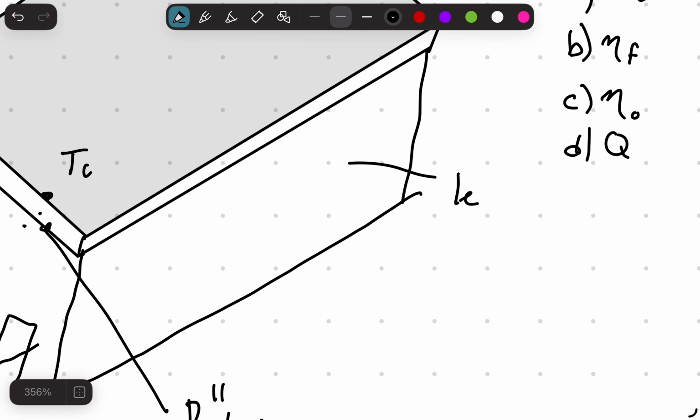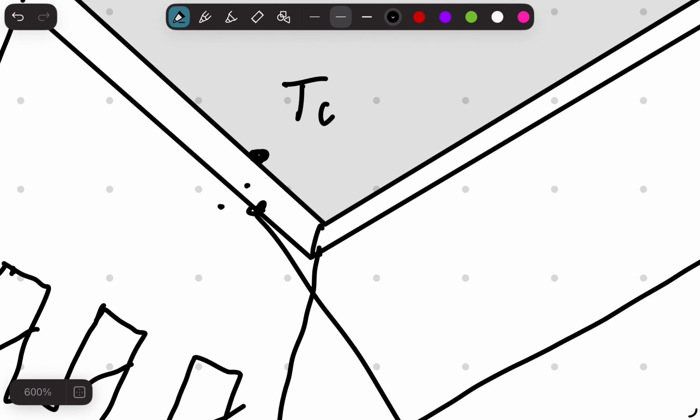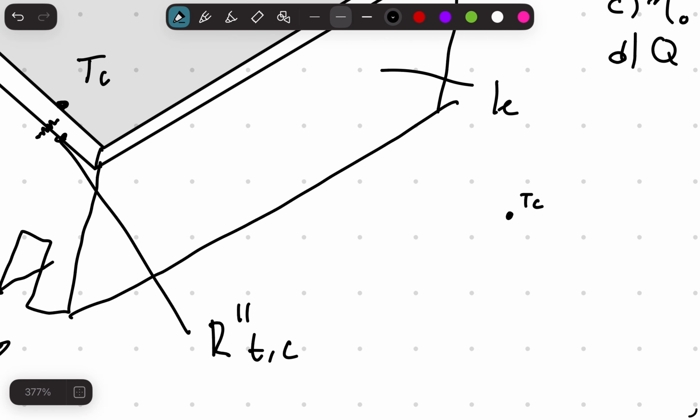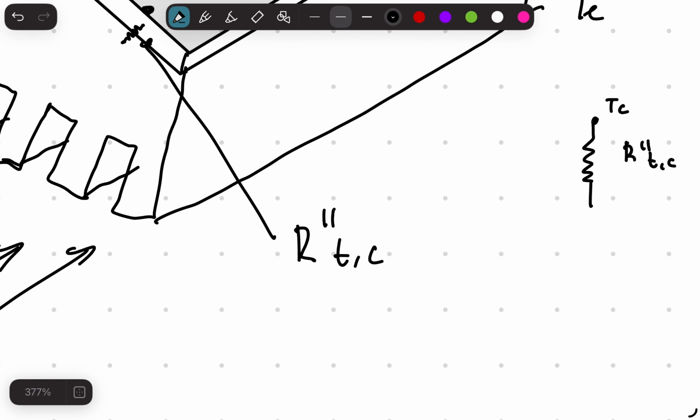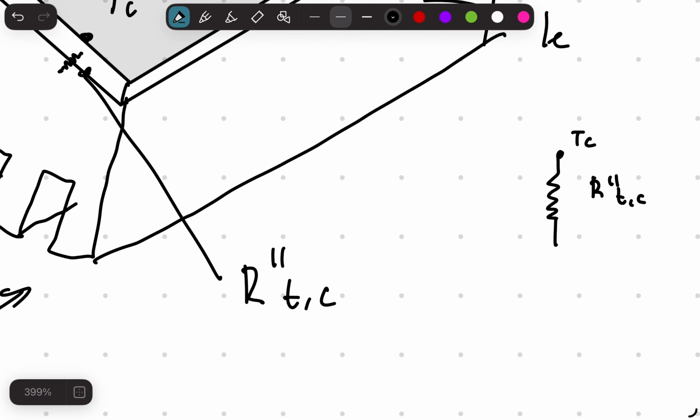So starting off on the top, we have the temperature of the chip, and as it travels, it goes through this contact of two different materials. So contact resistance right here. So when you're given this on the exam, the units for thermal contact resistance is meter square Kelvin per watt.